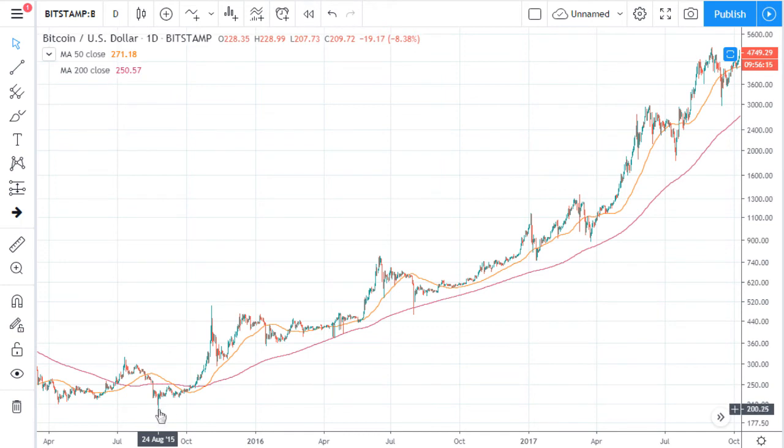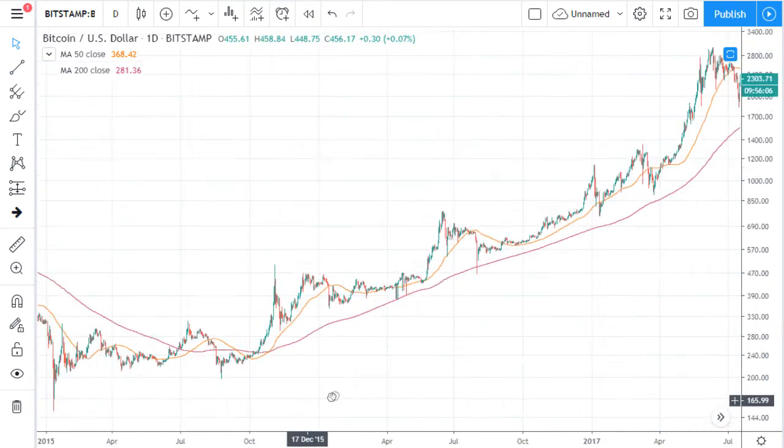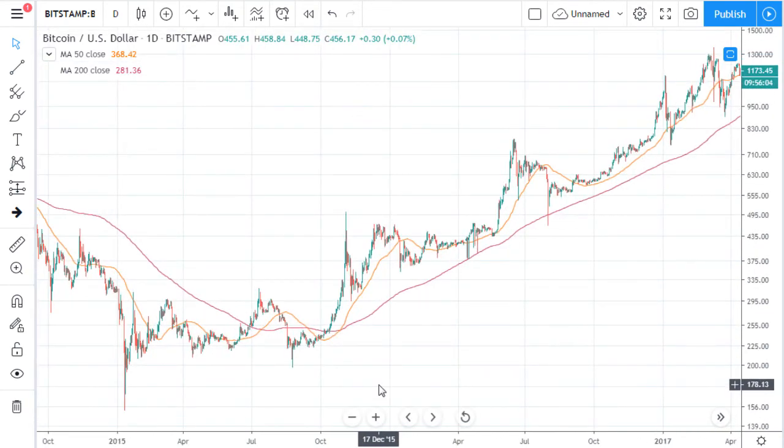So this did shake a lot of people out, and people thought that, hey, this is not the run they were hoping for, and that was a bear trap. And we immediately had a bull cross, and then we went up.